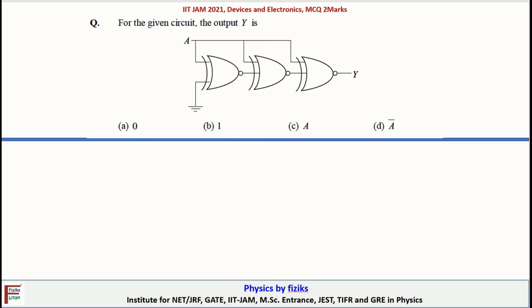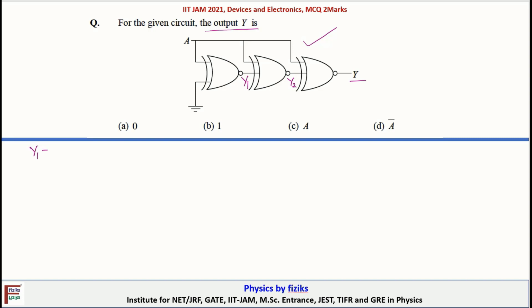So in this question, we have to find the output Y of the combinational circuit as shown in this figure. So we have to find Y. Let's take this output as Y1 and this output as Y2. So we will write Y1 and Y2.